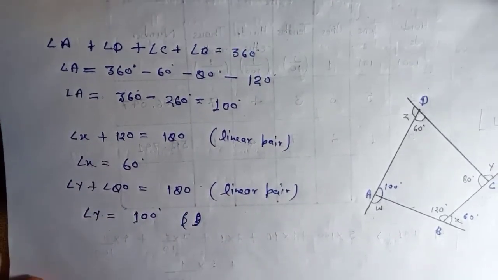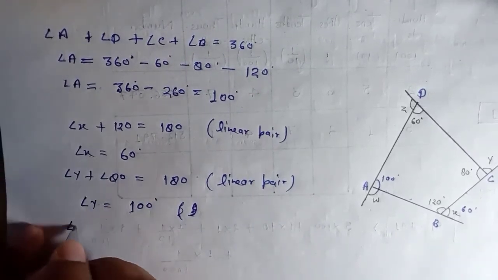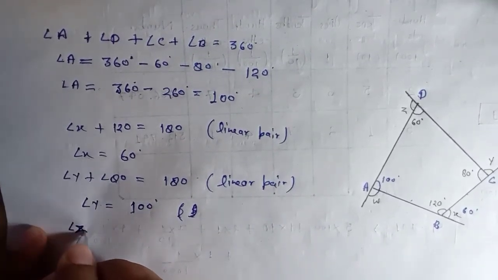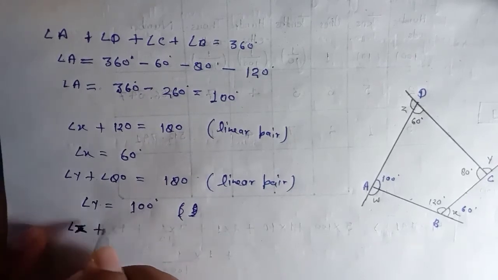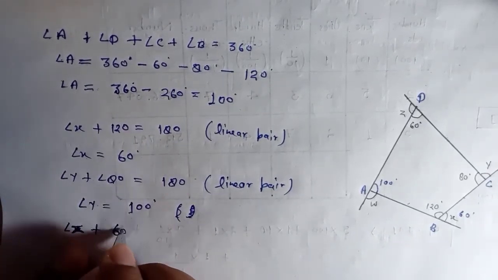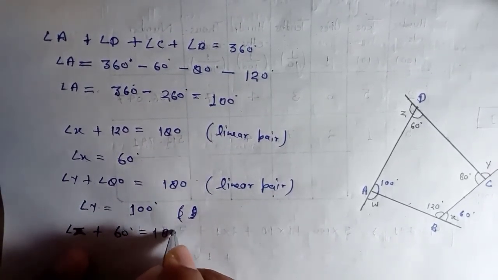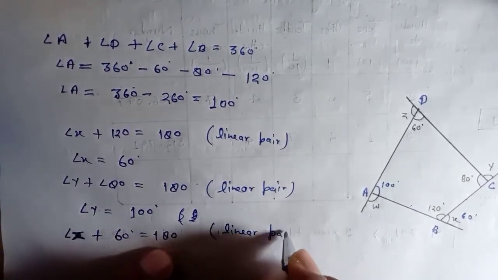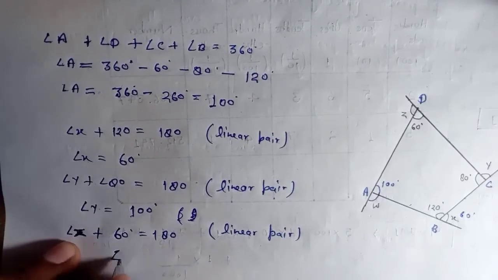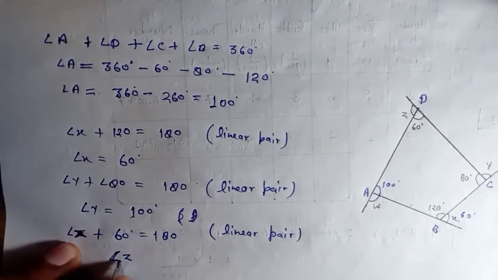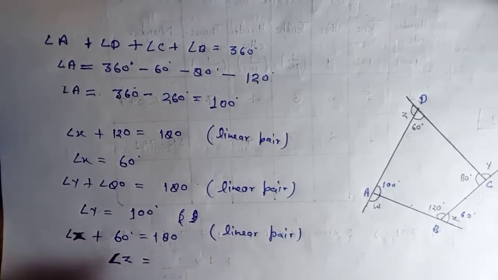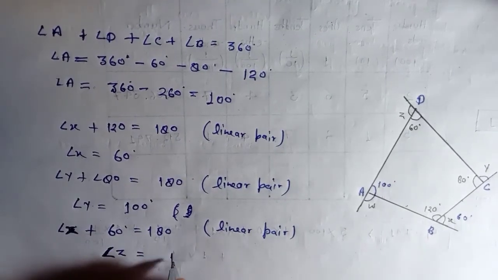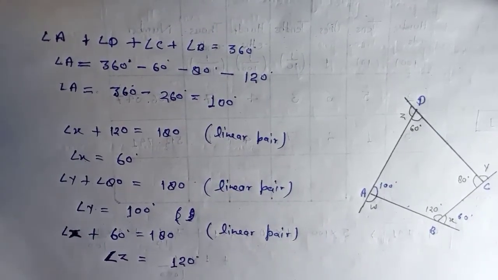Calculate angle z. Z plus angle 60 gives us 180 degrees. Again, linear pair. So angle z is equal to 180 minus 60, that gives us 120 degrees.